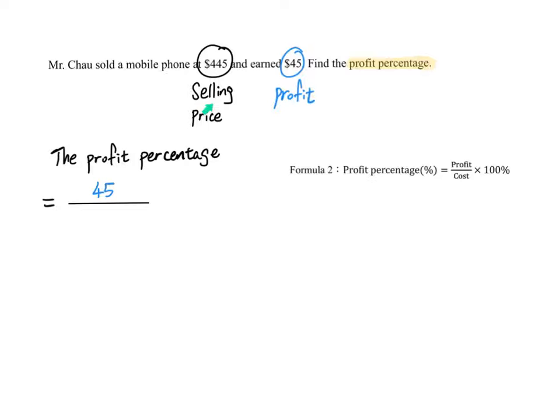But the question does not tell us the cost, and we need to find the cost. Because we know the selling price and we know the profit, the cost is just equal to selling price minus the profit.